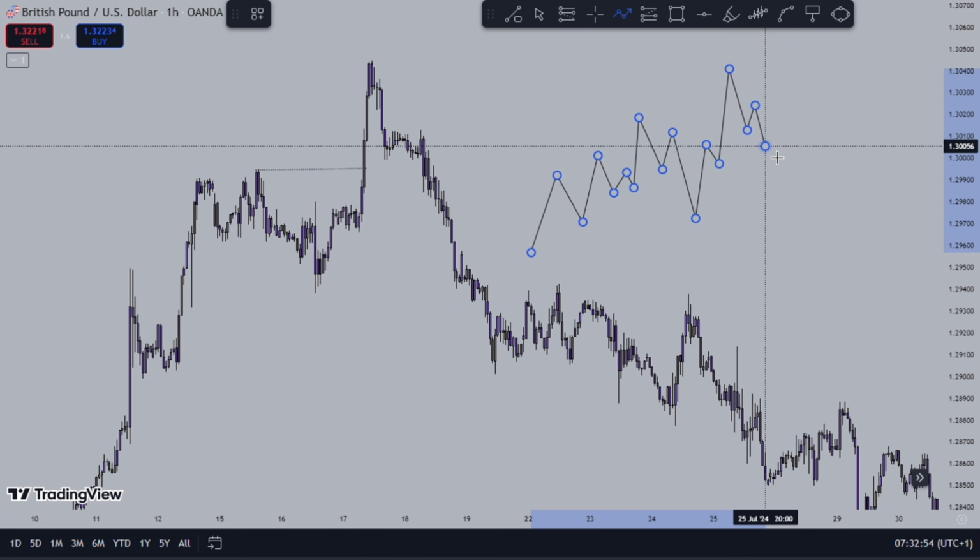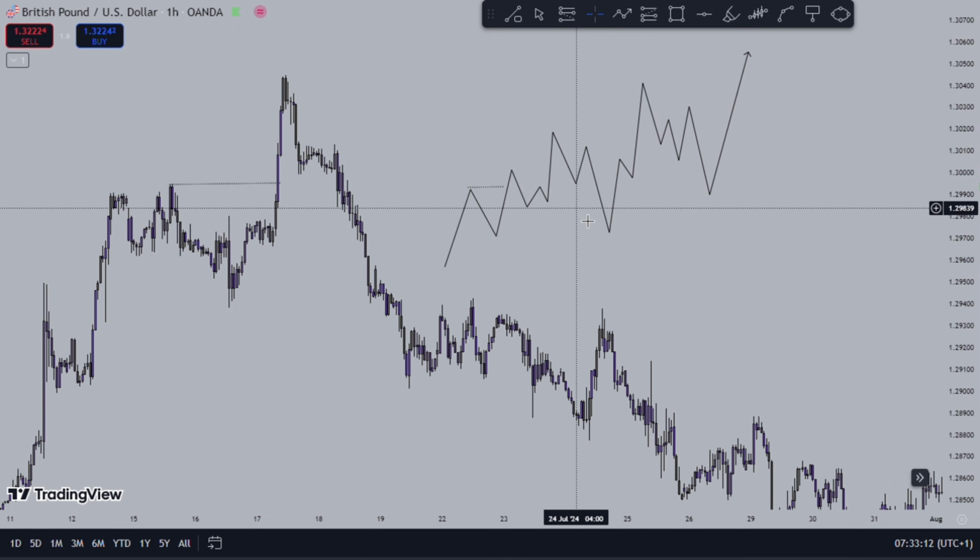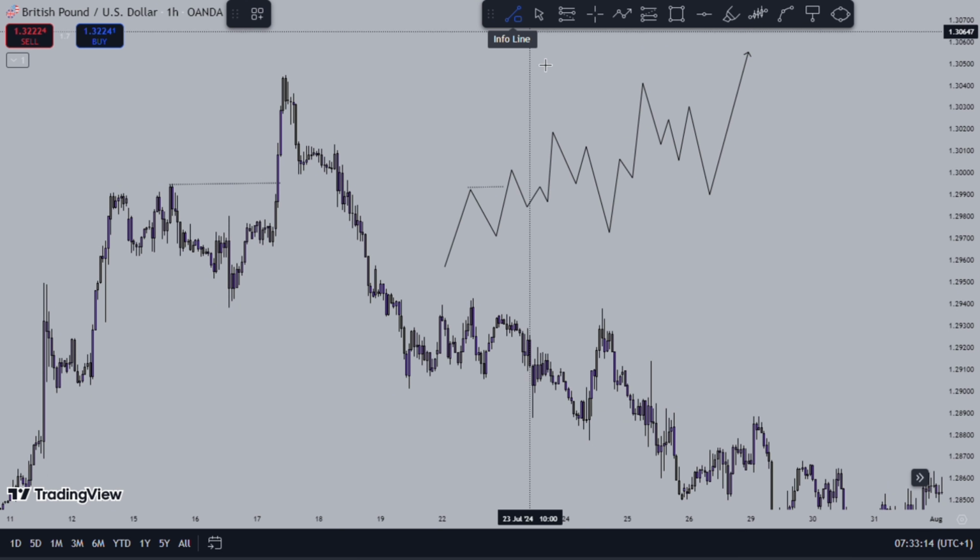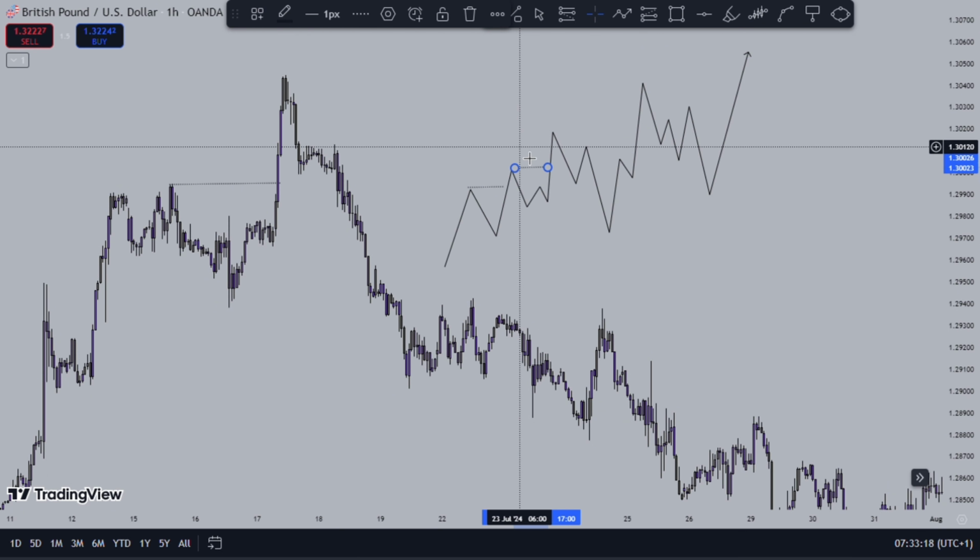Over here you can see that we also had another break of structure, and all these breaks of structure are not valid. They are fake breaks of structure because they haven't taken out any inducement.